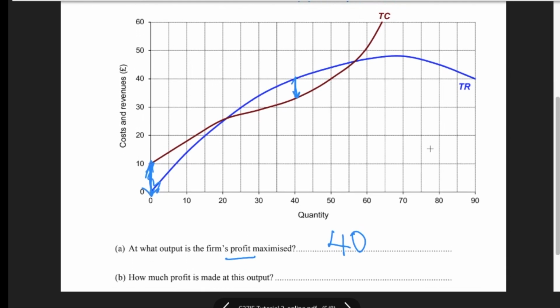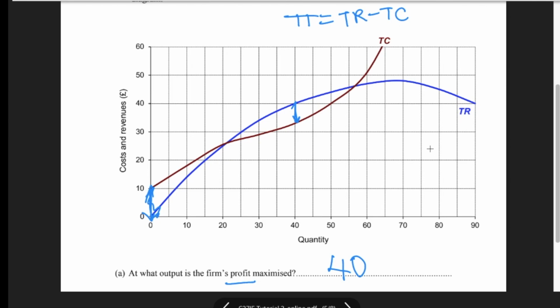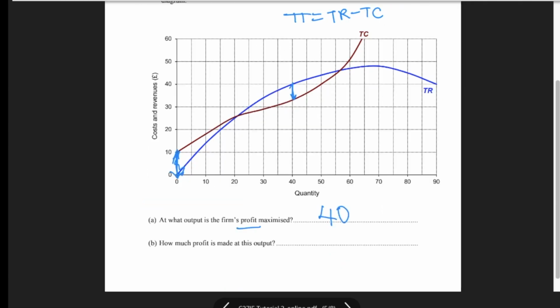Okay, how much profit is made at this output? You need to tell me what the total revenue is, what the total cost is, and then subtract them. So what's the total revenue at the output of 40?